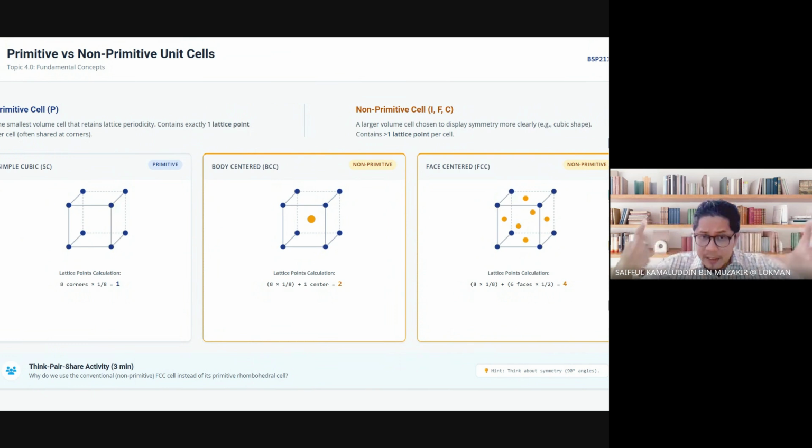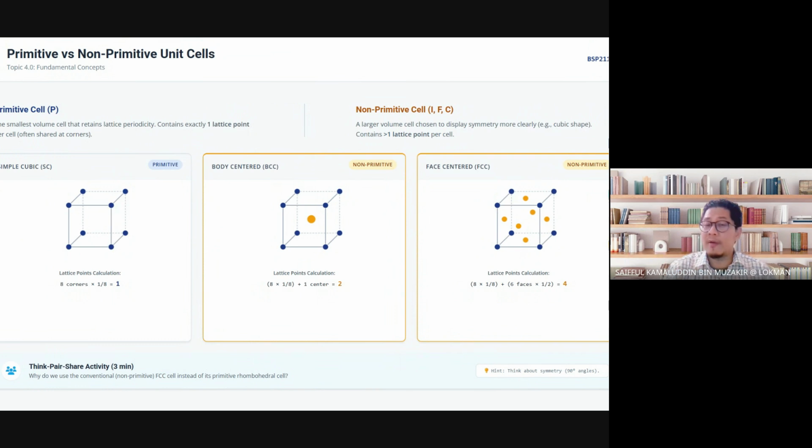So in a simple cubic, we have 8 corner atoms. Each atom is at the corner of the cube. Imagine if we have a simple cubic crystal, we have atoms at each of the 8 corners. So at one corner, we have 1/8 of an atom.